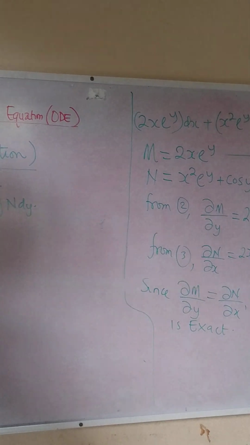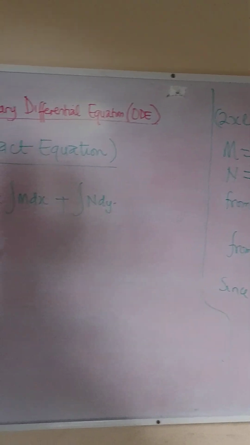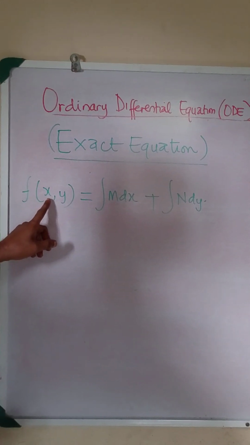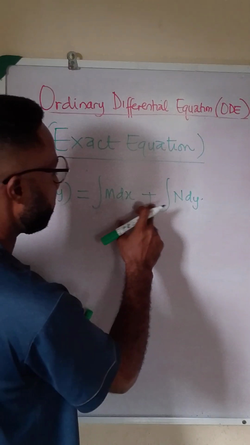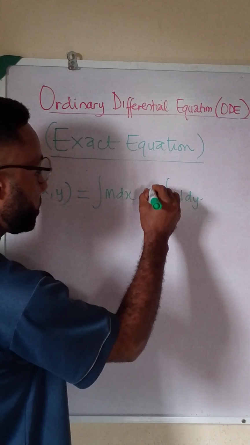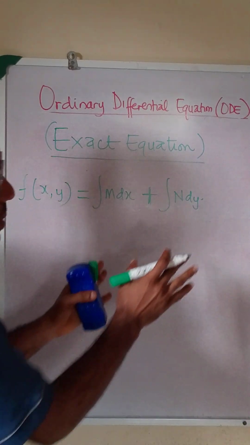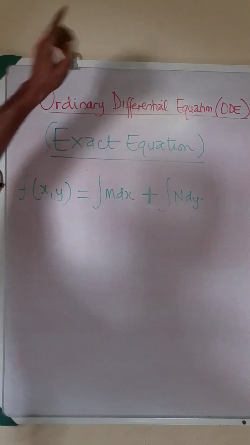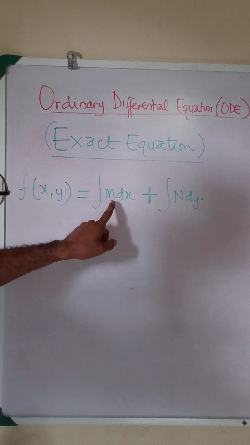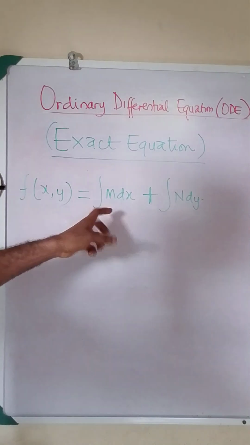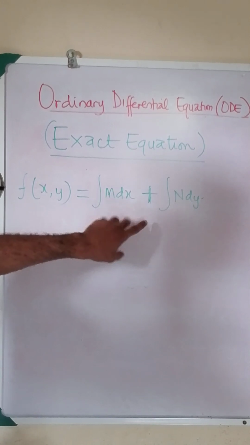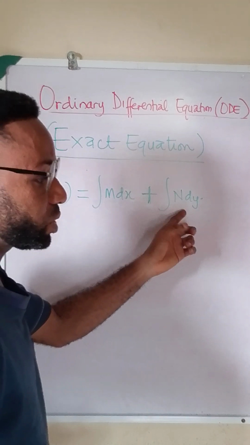So this is how to solve it. But actually, in actual sense, this is the formula. Now if you look at it, this one is M dx, so it's integrating with respect to x, and this one is with respect to y.